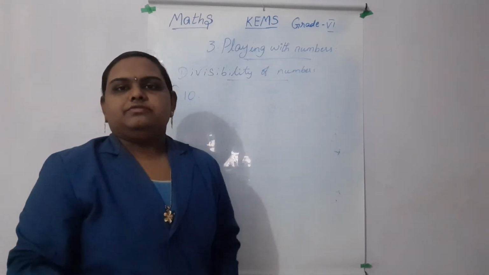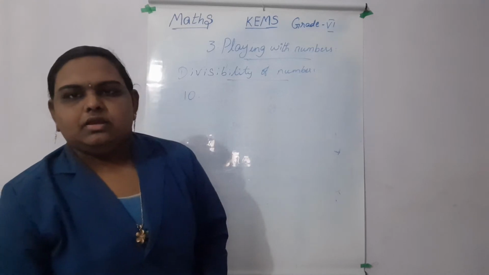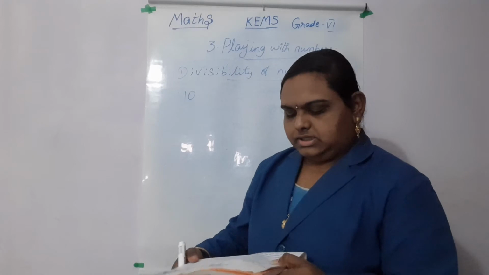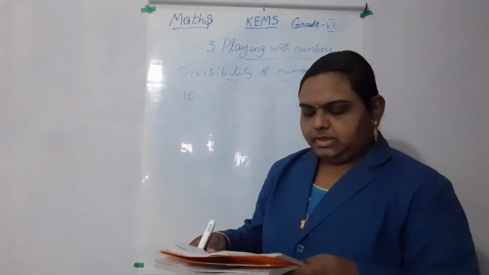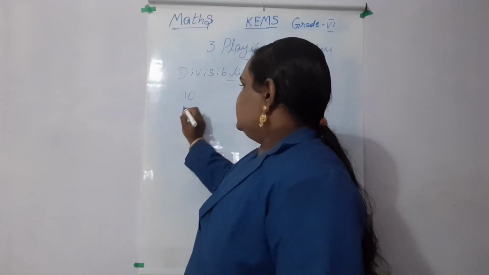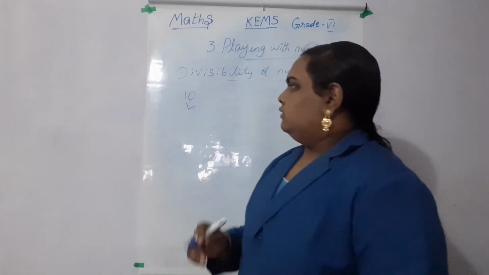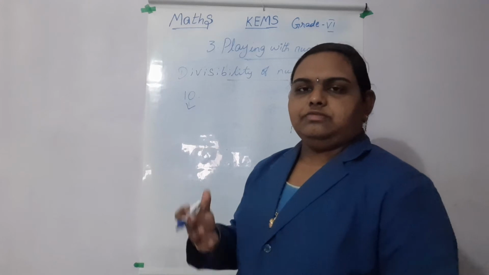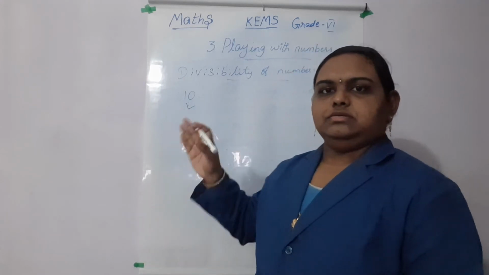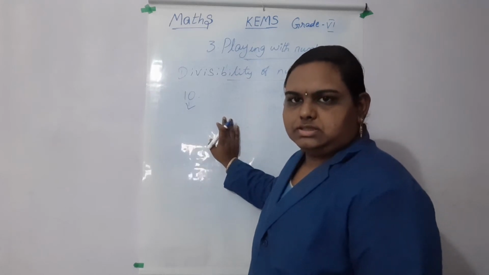So divisibility of 10. How can we divide? What are the numbers? 20. 20 is divisible by 10. Whatever the number, if you have a number with 0, it can be divided by 10. If you have the number 20, we can divide by 10.